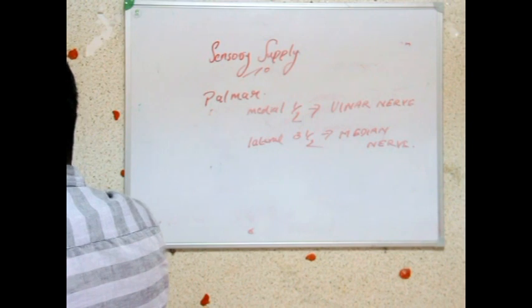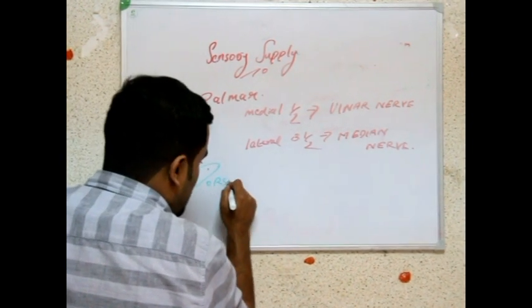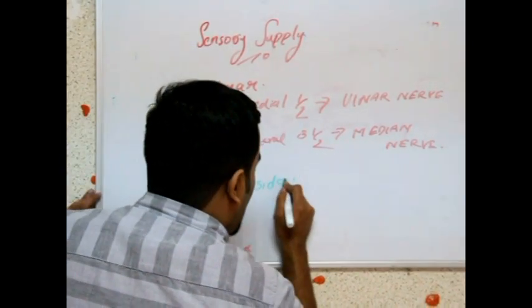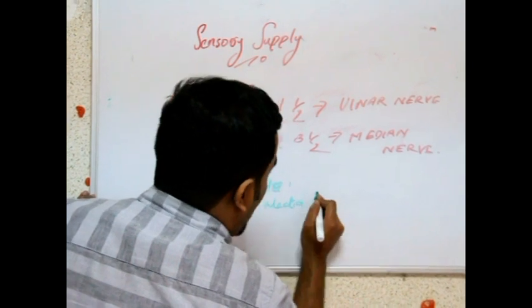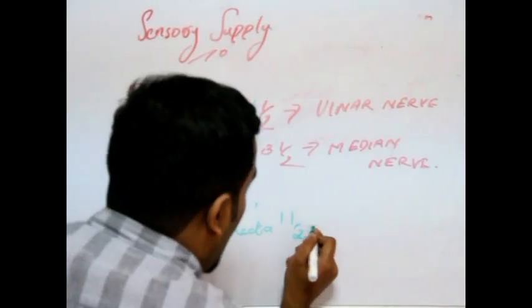And in the dorsal side, medial is again the same, right? Sorry, here 1.5 is by ulnar.